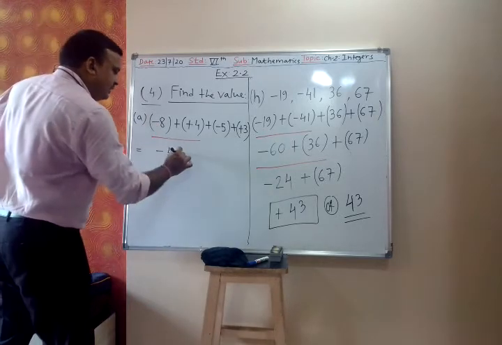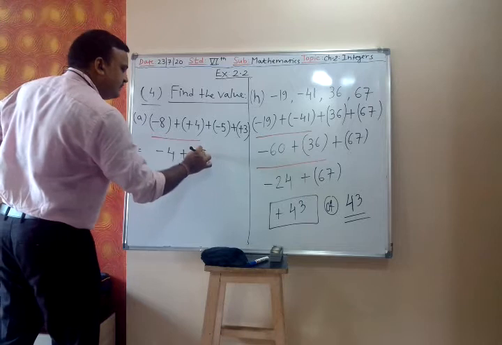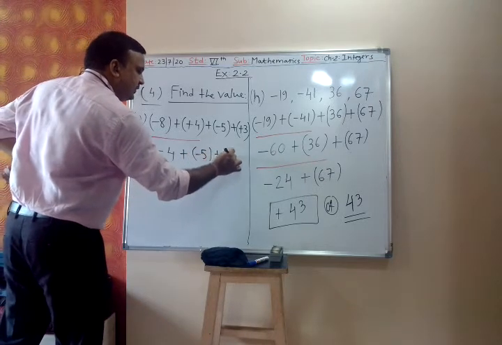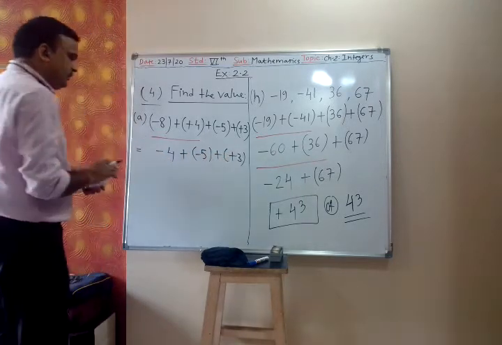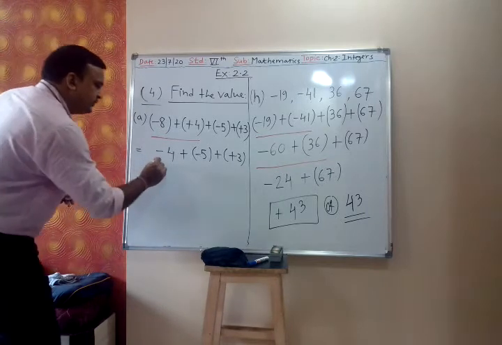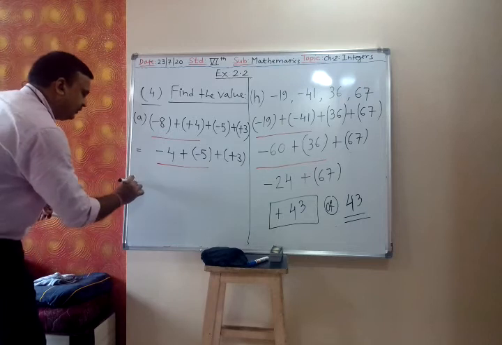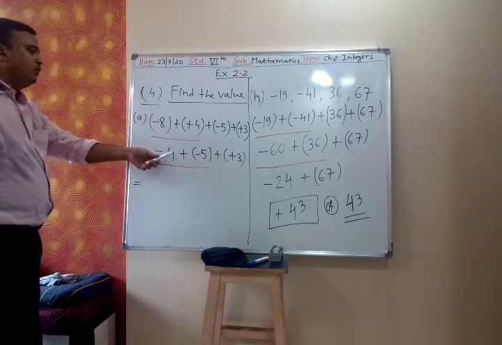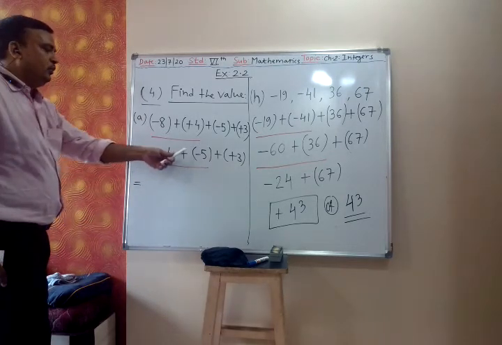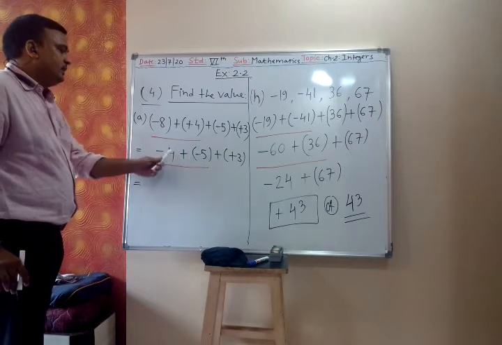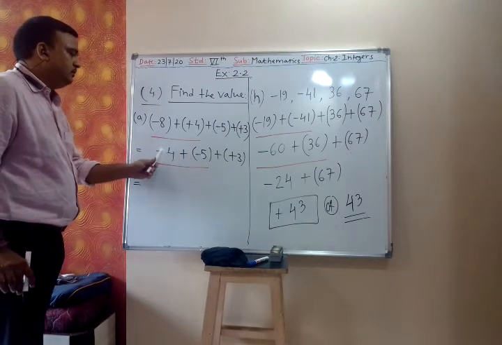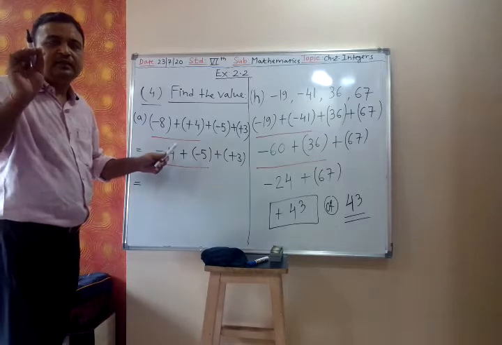Now the other we write as it is, plus minus 5 plus 3. Now again we simplify these two first. Minus 4 plus minus 5. What is the sign of 4? Minus. What is the sign of 5? Minus. Minus means same sign.